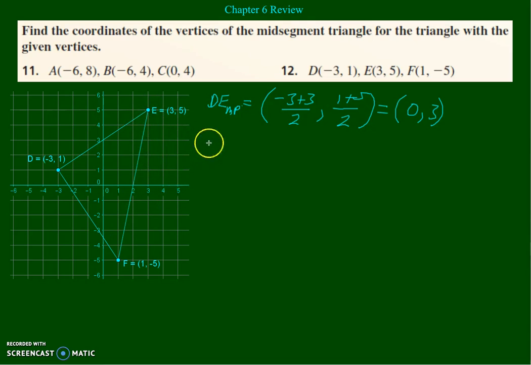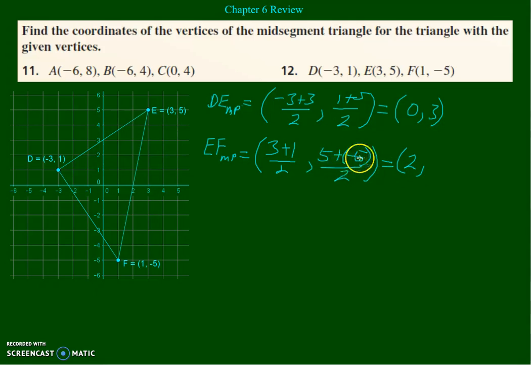Then for the EF midpoint, we have the average of the x's, so it's 3 plus 1 divided by 2, and 5 plus -5 over 2. 3 plus 1 is 4. 4 divided by 2 is 2.